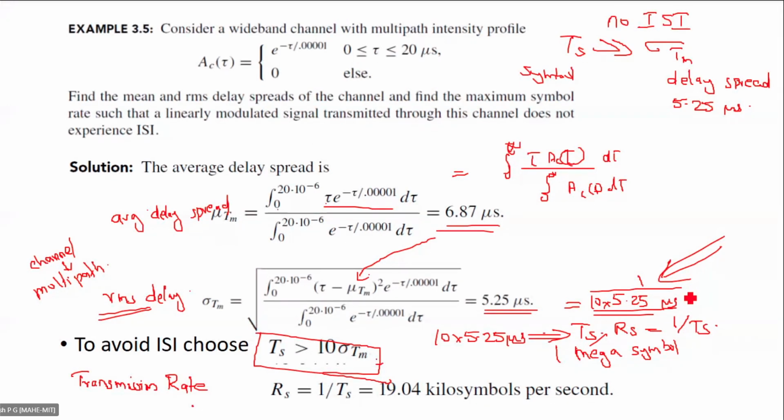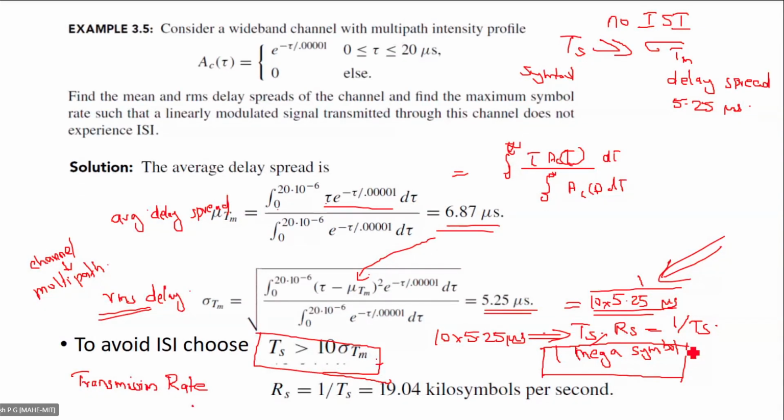Okay, now can you tell me what will happen if the transmission rate Rs is equal to 1 megasymbol per second? There will be ISI, sir. Yeah, then what is TS now if you're transmitting at 1 megasymbol per second? TS is 1 microsecond.